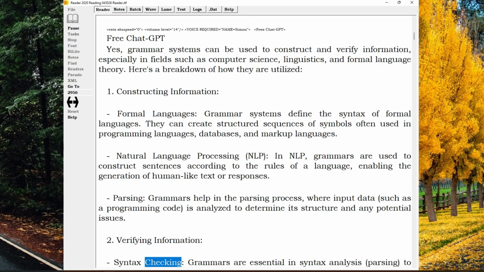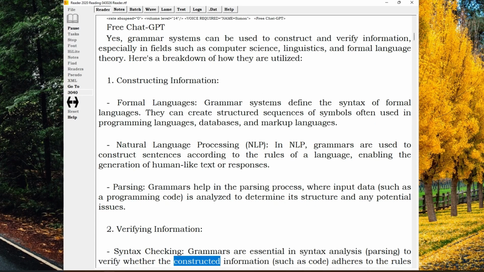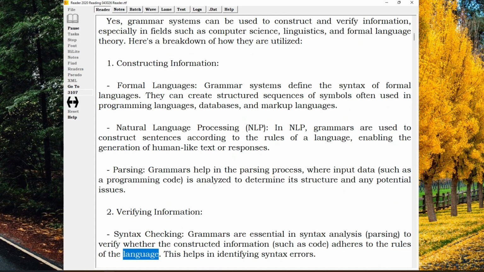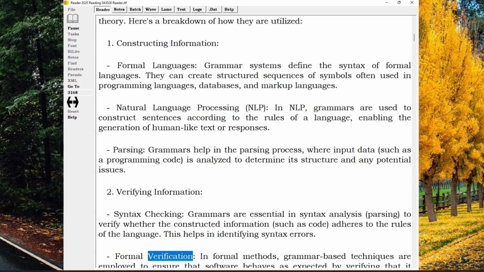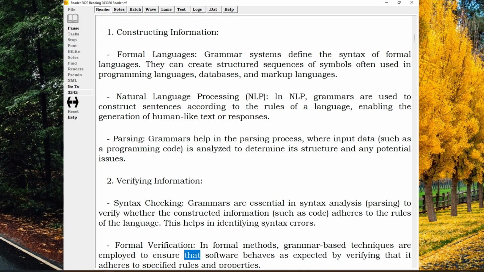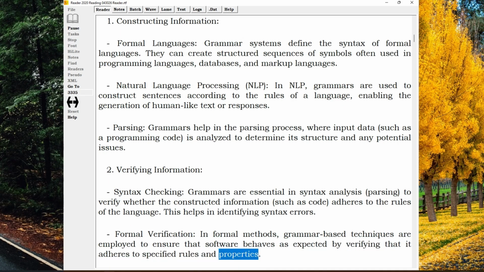Syntax checking. Grammars are essential in syntax analysis, parsing, to verify whether the constructed information, such as code, adheres to the rules of the language. This helps in identifying syntax errors. Formal verification. In formal methods, grammar-based techniques are employed to ensure that software behaves as expected by verifying that it adheres to specified rules and properties.